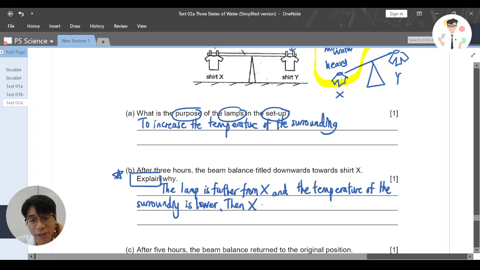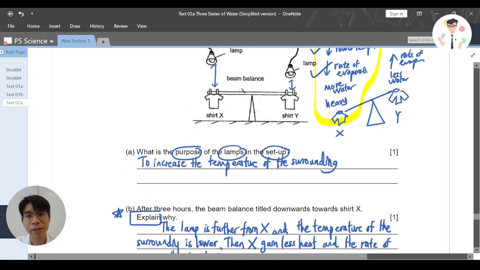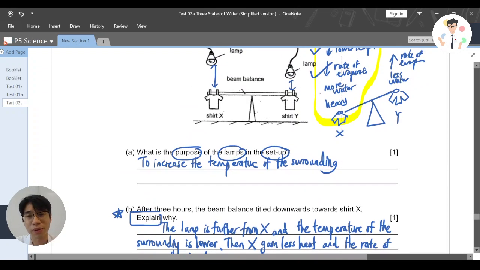Then X gains less heat, and the rate of evaporation is slower. Then when there's less evaporation, there will be more water, more heavier.